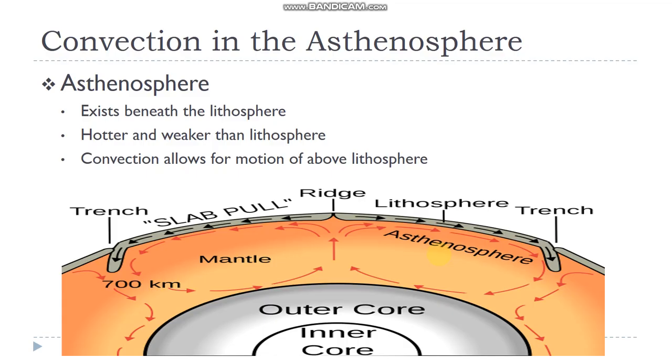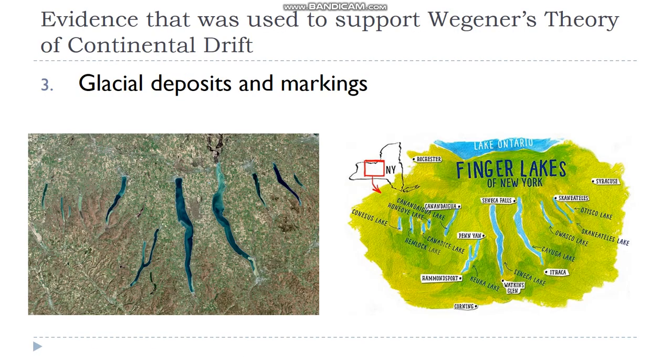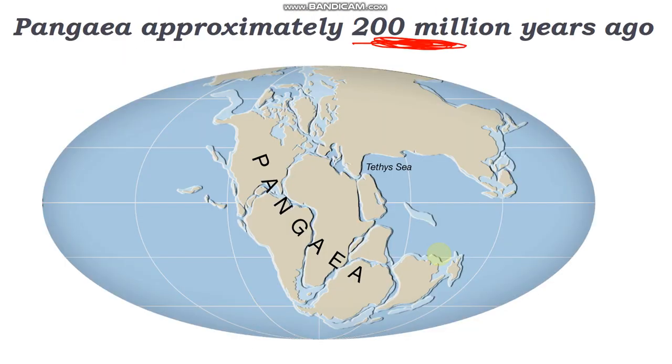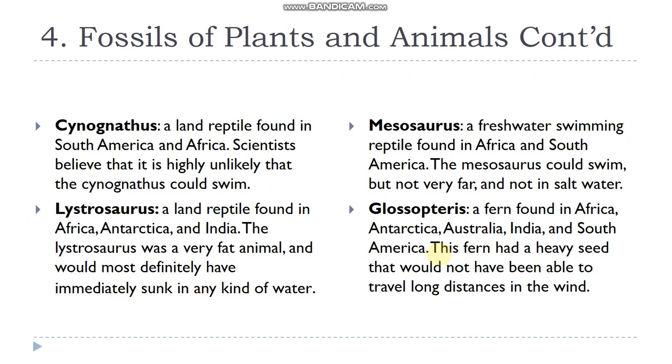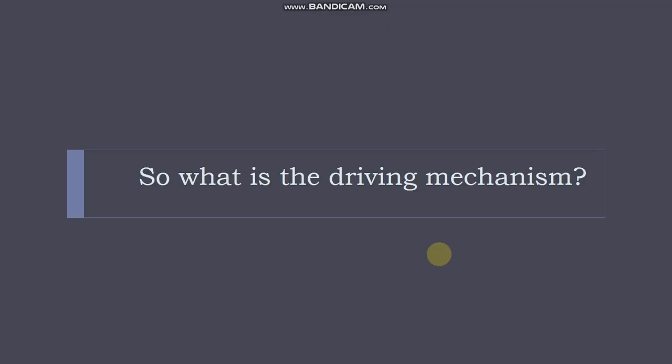So they couldn't really figure out the why. We had this evidence that the continents were once touching, but why? How did the plates move? Okay, fine. You're telling me that they were once congregated in the same location called Pangaea, but how do they move? We have all this evidence that suggests that it moves, but how did it move?